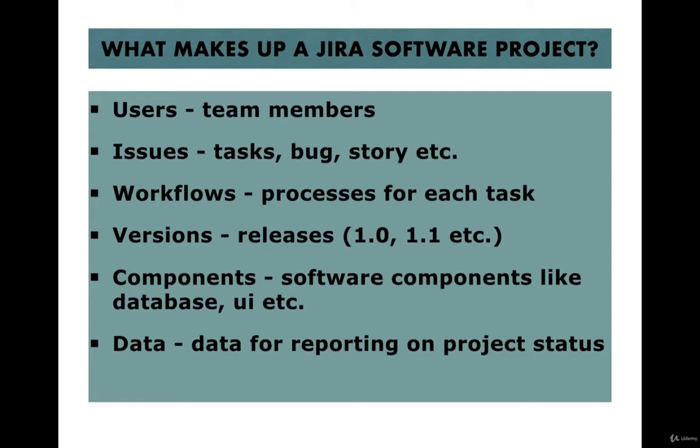When you create a user story or a bug, you input values within those issues. The data that is stored for those key issues makes up your reporting, or is utilized for reporting of the project status. So these are the key components that make up your Jira software project.